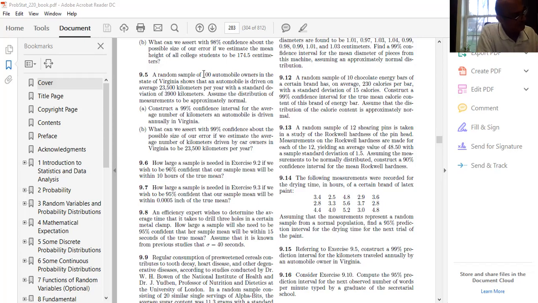That means in the second part, the value of sigma, we are not supposed to use over here. But that is a sample standard deviation. Referring to exercise 9.5, construct a 99% interval of the kilometers traveled annually by an automobile owner in Virginia. That's the thing given to you.